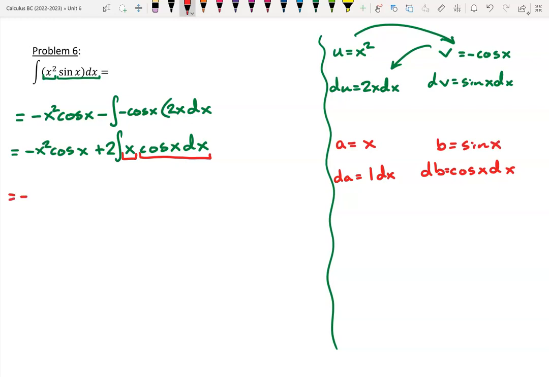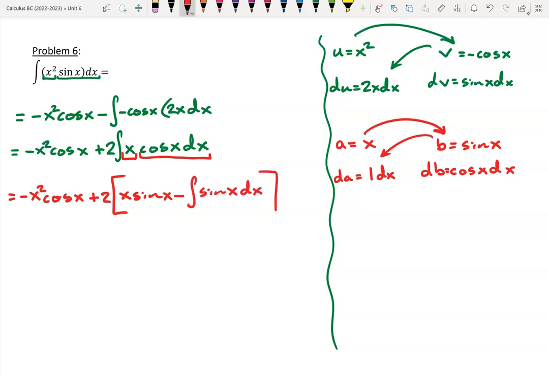So that should be negative x squared cosine of x plus 2, and I'm going to have this in brackets because I'm going to multiply 2 times all of this. And so I'm going to have a times b, so that's going to be x times sine of x minus the integral b times dA, so that should be 1 times sine of x, so just sine of x dx.